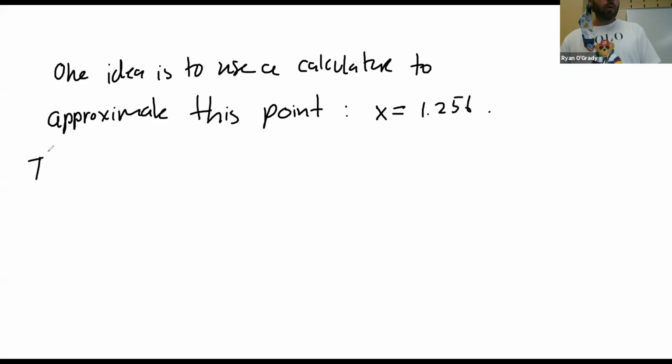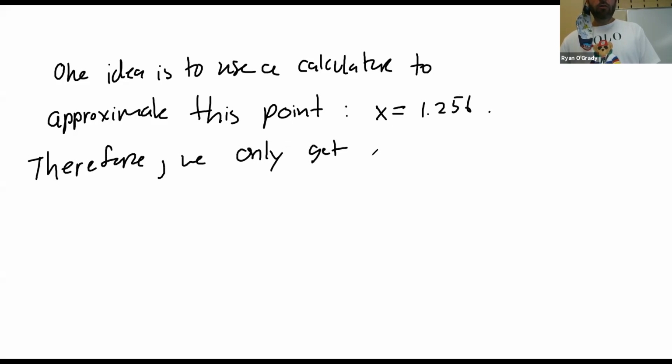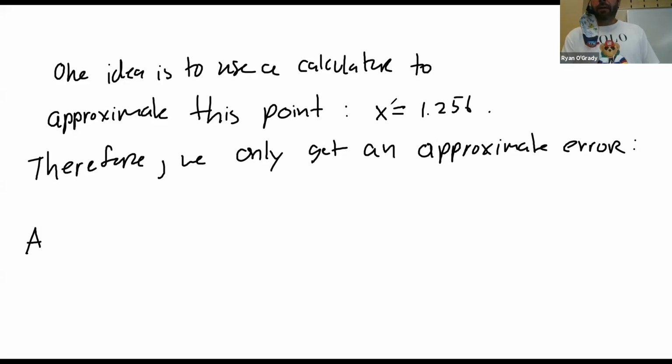So therefore, we no longer have an exact answer. We only get an approximate area. Now, it turns out that it's a pretty good approximation. So what is our area going to be?